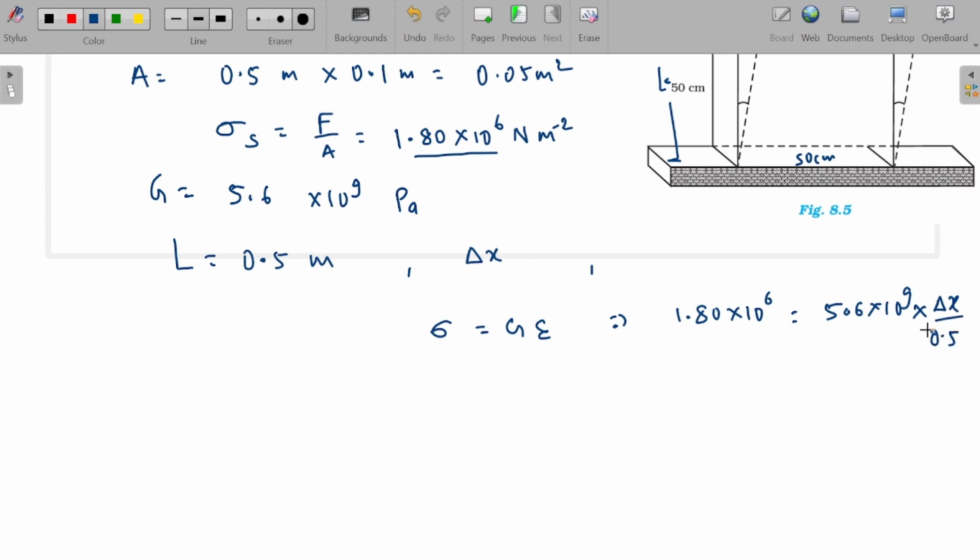The only thing we need is to calculate it, and then we will have delta x in meters. If you go for it, it will be 1.6 into 10 to the power minus 4 meter. So this is all for this video.